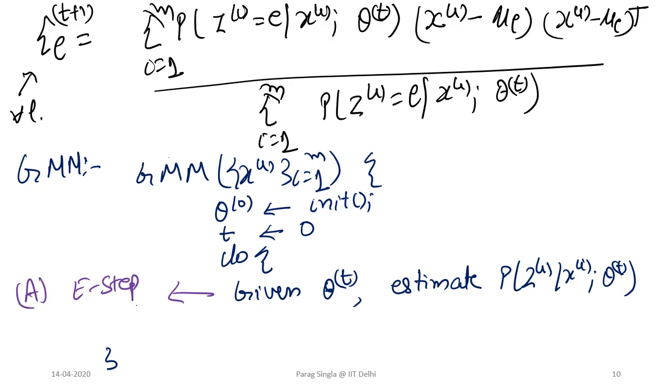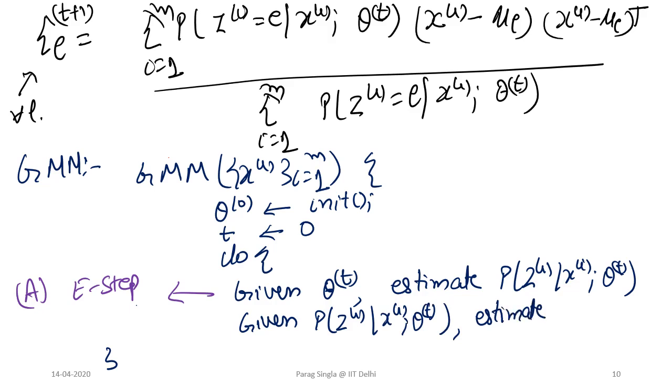And then the next step is, given the cluster assignments, which are these soft assignments P of Zi given Xi parameterized by theta, estimate the new set of parameters, which is theta t plus 1.